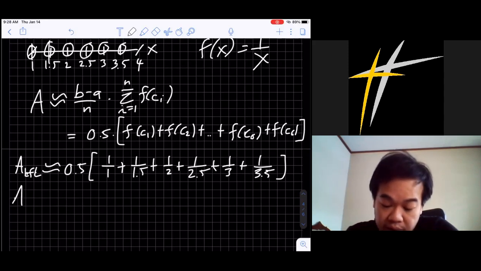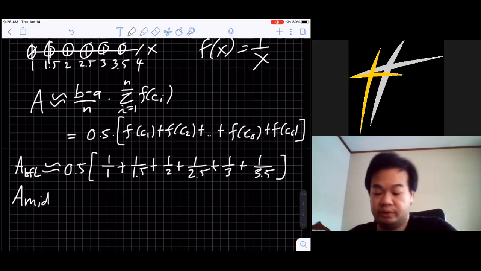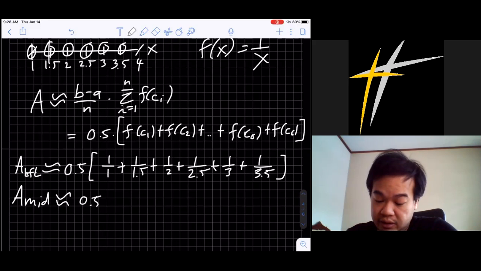Now, how about the middle one, the midpoint? If we do the midpoint, it's still 0.5, but the multiplication is at the midpoint. What's the value in between 1 and 1.5? 1.25, of course, right?